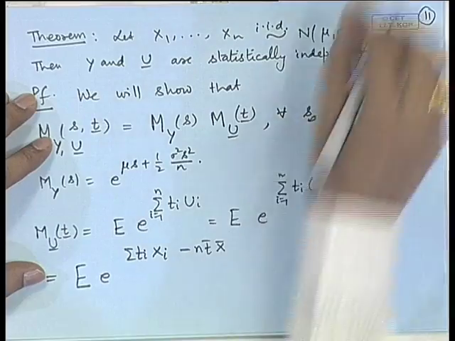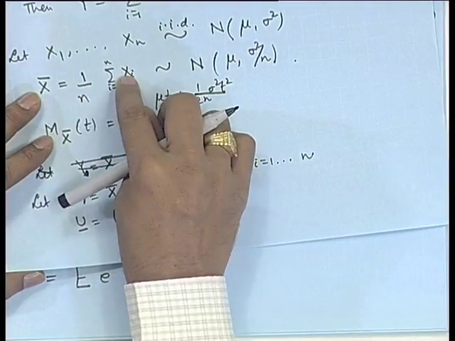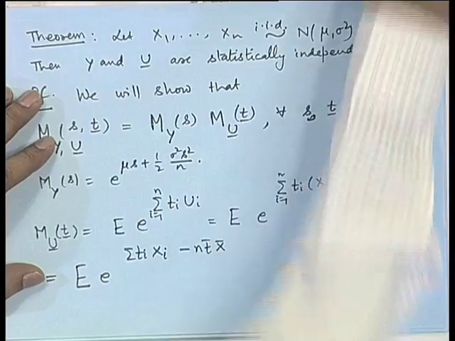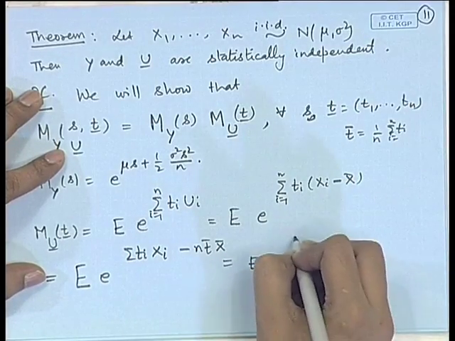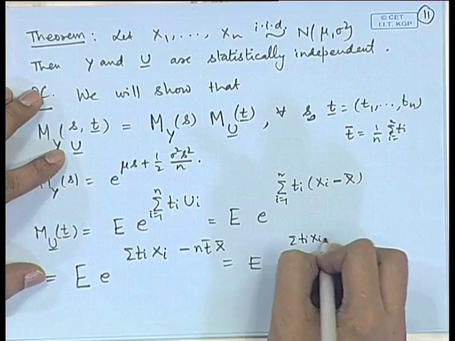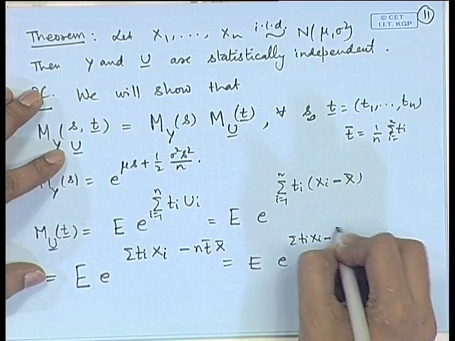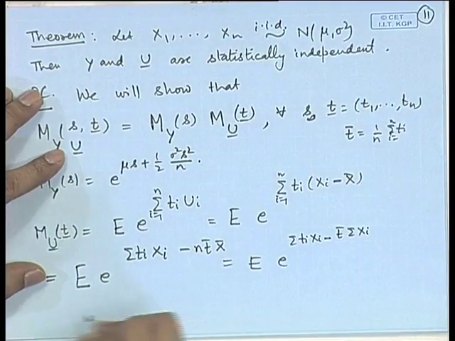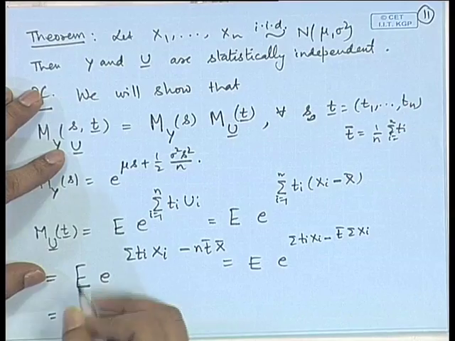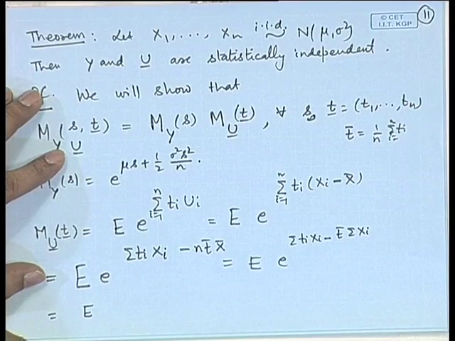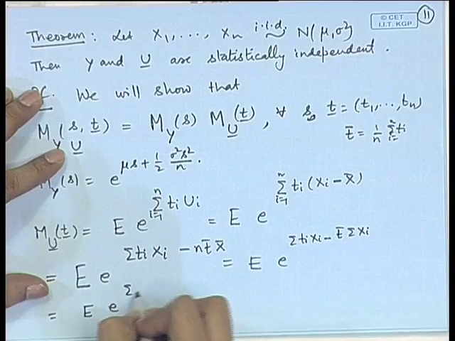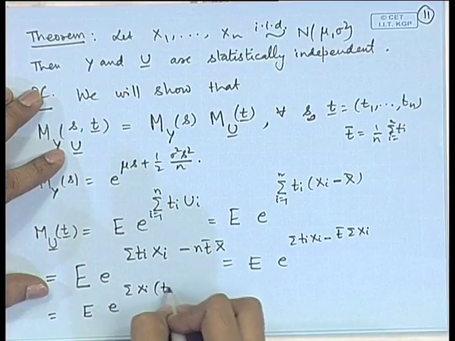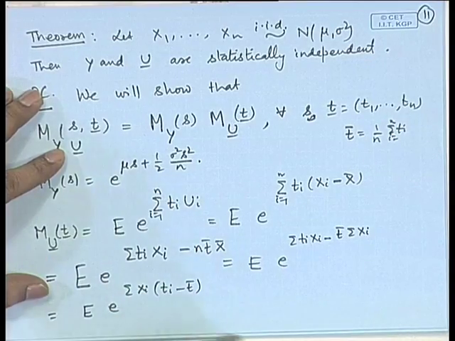Now, once again, since X bar is 1 by n sigma Xi, n X bar becomes sigma Xi. So, we can again use it here. So, this becomes expectation of e to the power sigma ti Xi minus t bar sigma Xi, which is equal to expectation of e to the power sigma Xi (ti minus t bar).